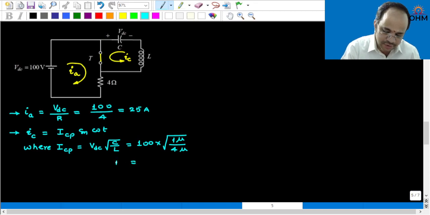Therefore IC peak is equal to 50 ampere.